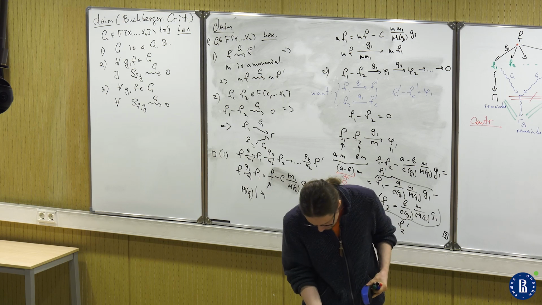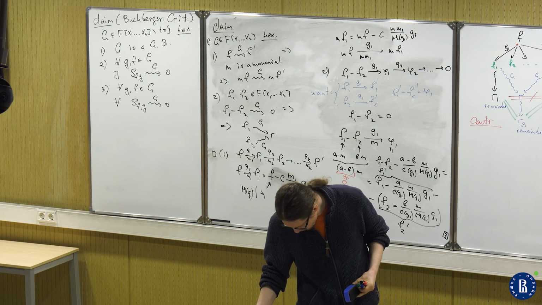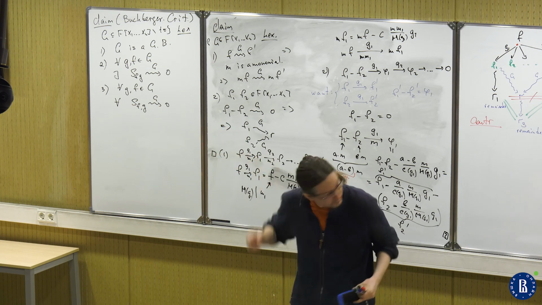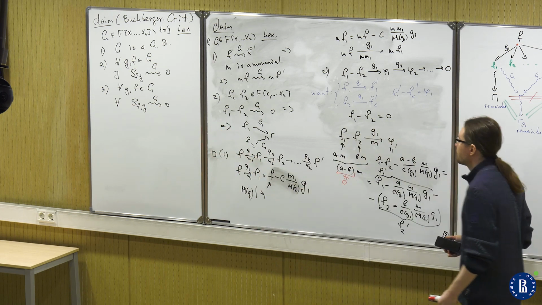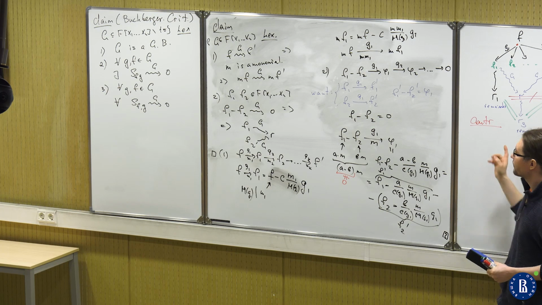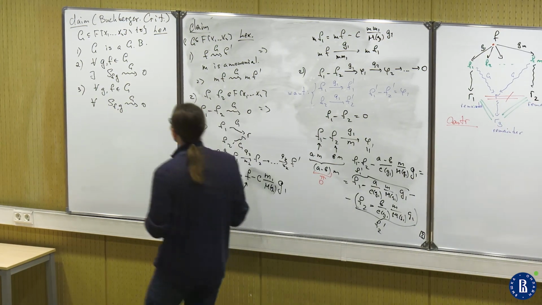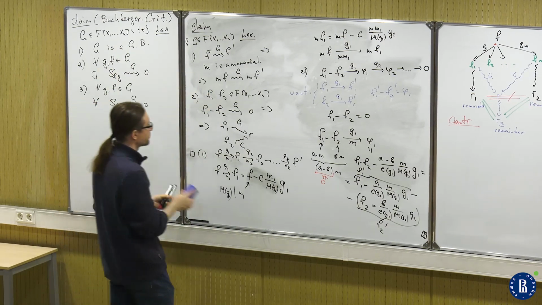Okay. Now, that was a technical result. And as I can see now, we are ready to prove the Buchberger criterion, which is written here. By the way, is it okay if I clear the central part? Because I would like to start the proof of this claim using the whole whiteboard.